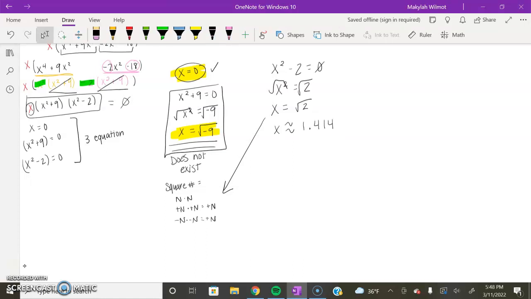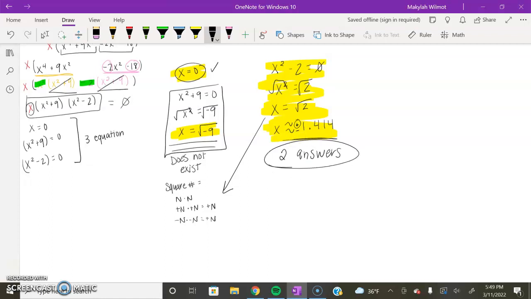Okay, well, this number right here can be positive or negative. So in this equation, you have two answers, because it can be positive or negative, okay?